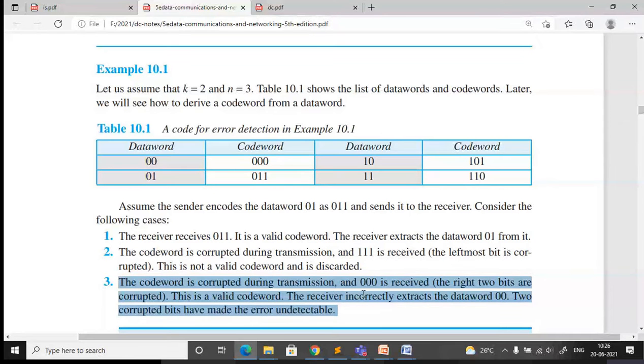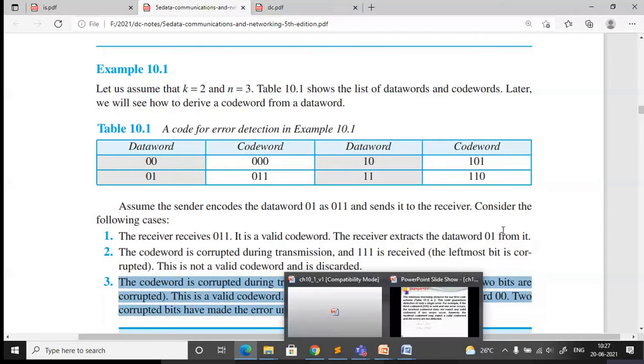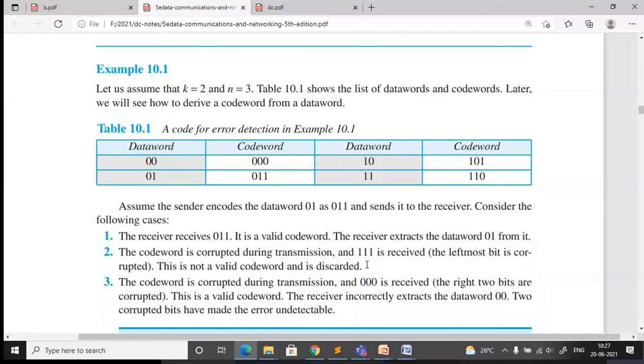Did you understand? Using this, you can come to know that only if one bit is corrupted can it be detected. If it is more than one bit, that is two bits corrupted, it is not possible. Sometimes the error may go undetected, and invalid data is delivered to the receiver. That is the third case I explained.